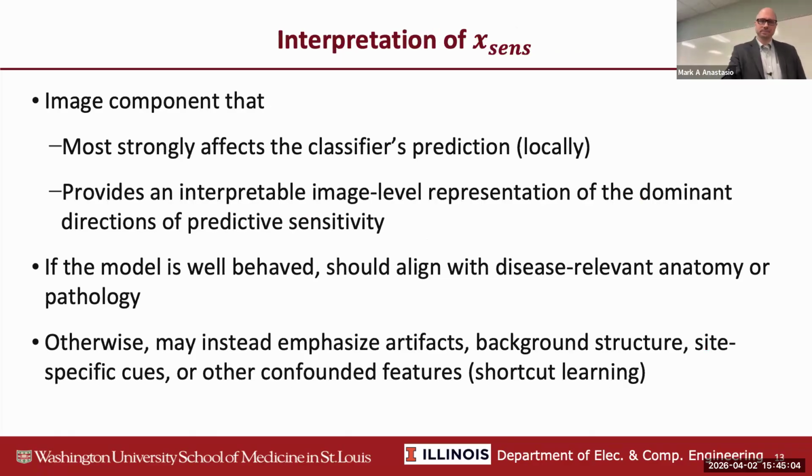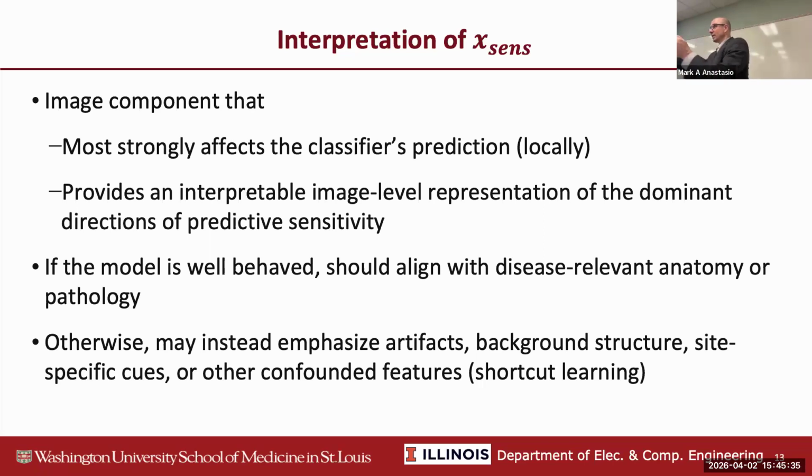But first, let me just give some more intuition into the sensitive component of the image. There are different things we can say about this. This is the image component that most strongly affects the classifier's predictive distribution. In other words, the sensitive subspace describes directions where small perturbations would have a significant effect on the predicted distribution, whereas the insensitive subspace does not have that property.